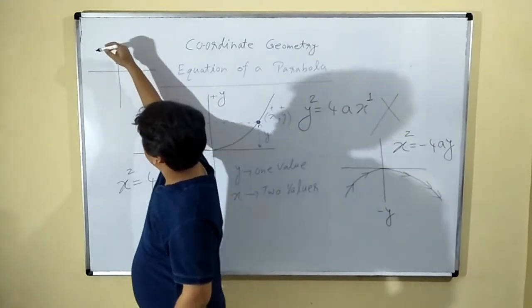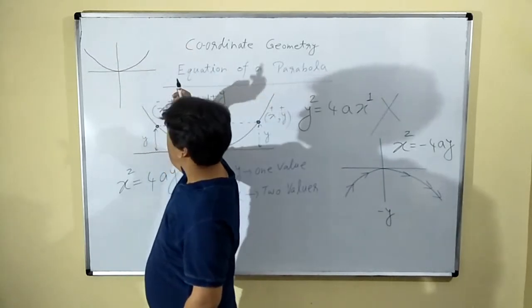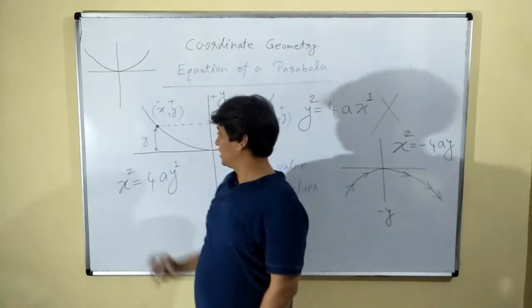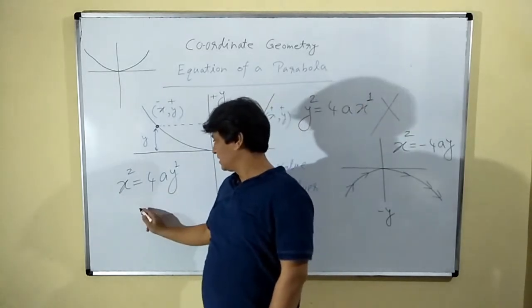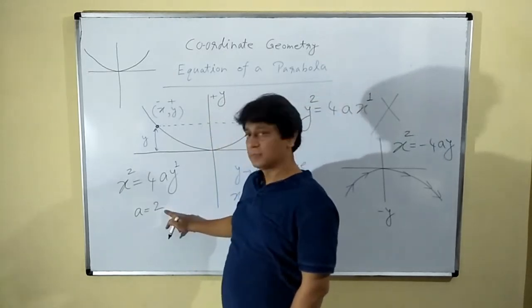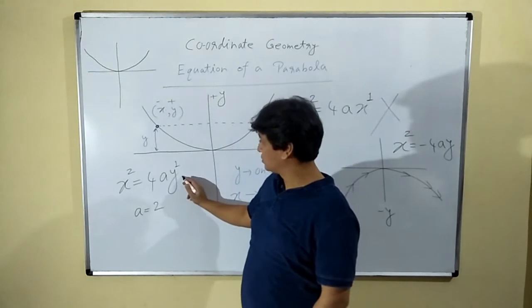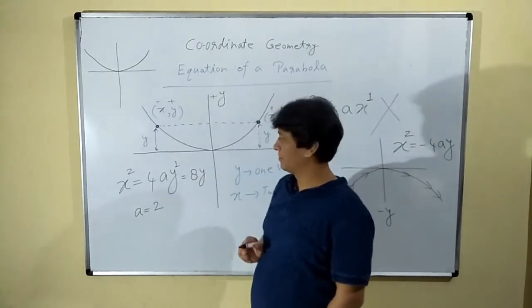हमने इस अपवर्ड ओपनिंग पैराबोला को इस तरह से डिफाइन किया, x square equals to 4ay से a is 2. If a is 2, then this thing becomes 8y.